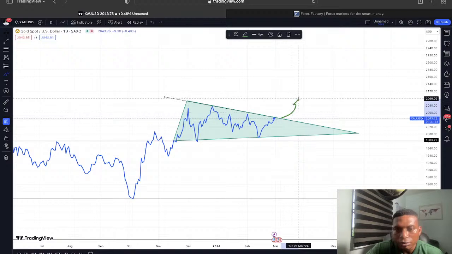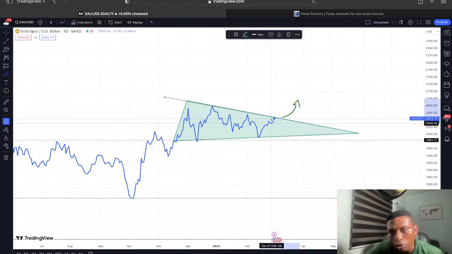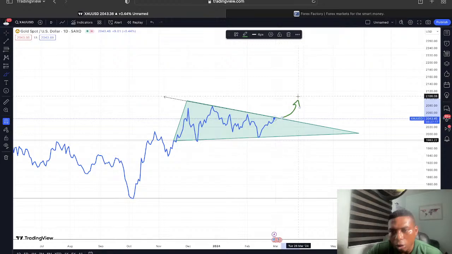Is that gold would break out of this trend line. It's currently trading at $2,043. I see gold moving up onto $2,100.